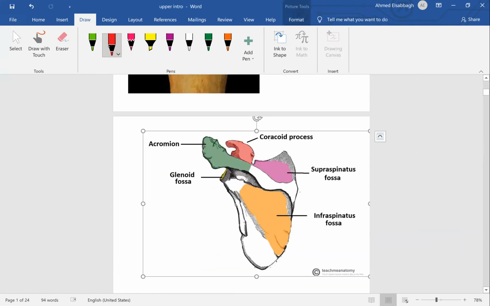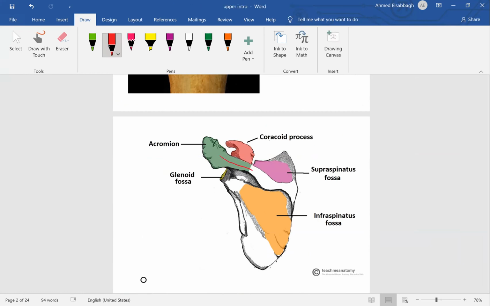This is the scapula. This structure in the scapula is called the spine of the scapula. We have a fossa above it and a fossa below. The fossa above is called the supraspinatus fossa or supraspinous fossa.